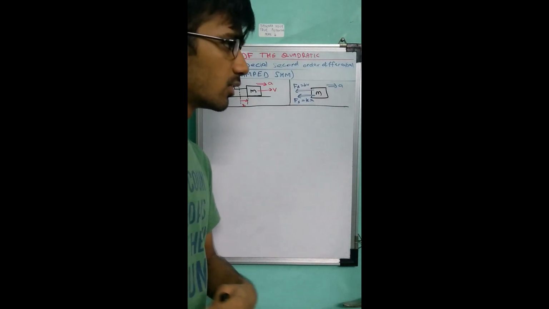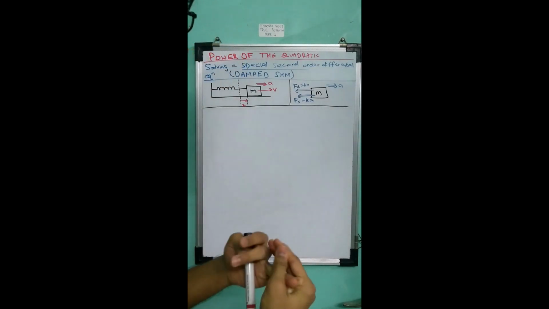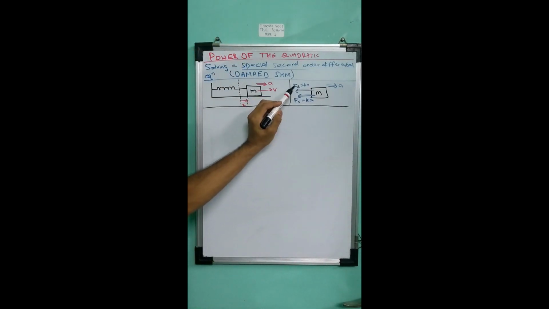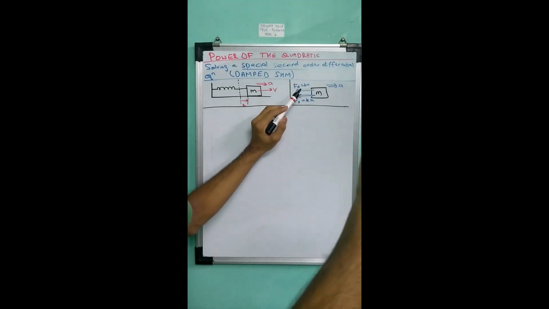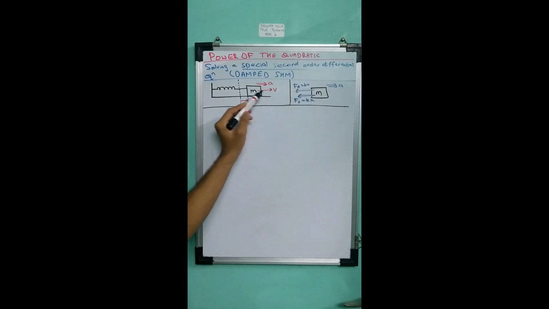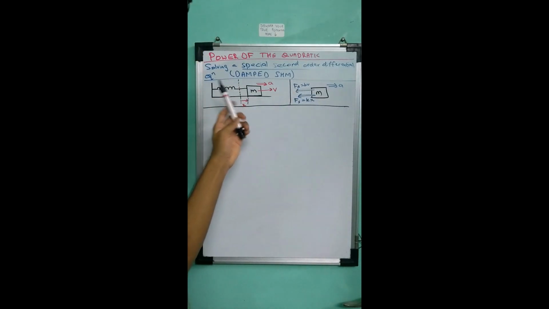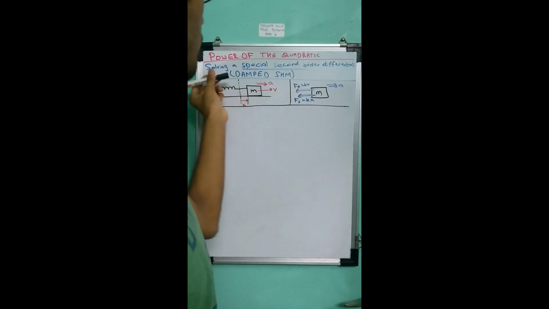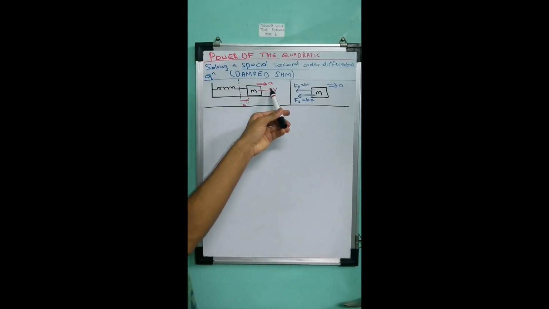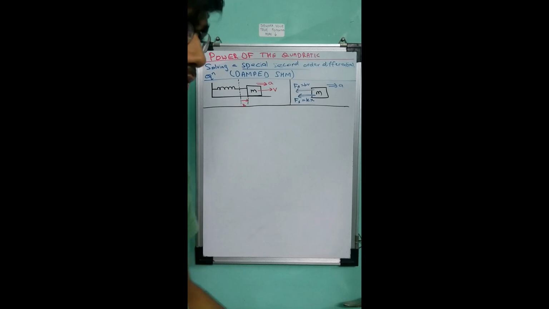Okay? So, if we had to express the damping force Fd, which I have written here, that would be some constant b into v. And it acts opposite to the velocity of the block. And the spring force, since the spring is extended, it will act opposite to x and hence here opposite to v. Okay?